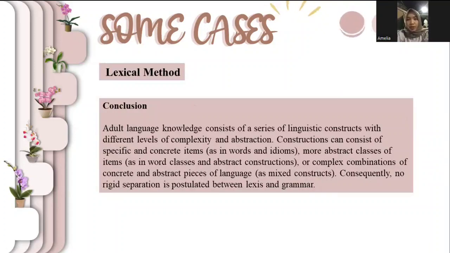Conclusion. Adult language knowledge consists of a series of linguistic constructions with different levels of complexity and abstraction. Constructions can consist of concrete words and idioms, more abstract classes of idioms as in word classes, and abstract constructions or complex combinations of concrete and abstract pieces of language.